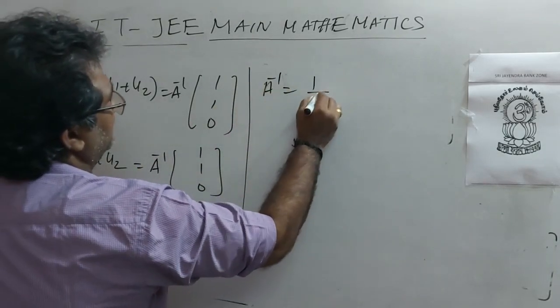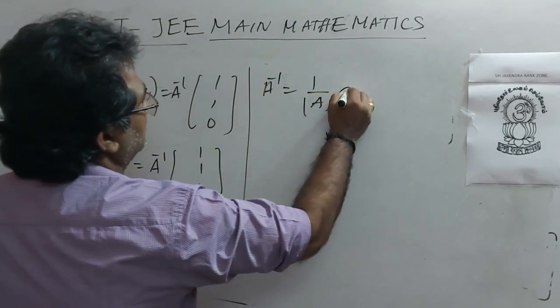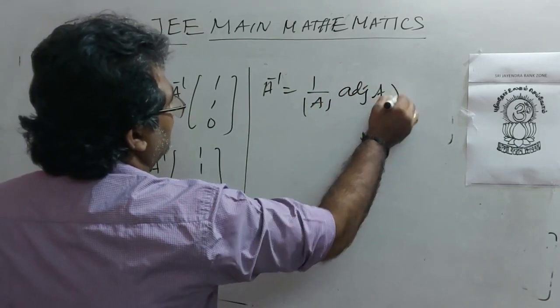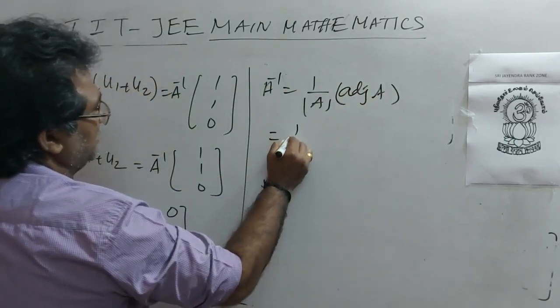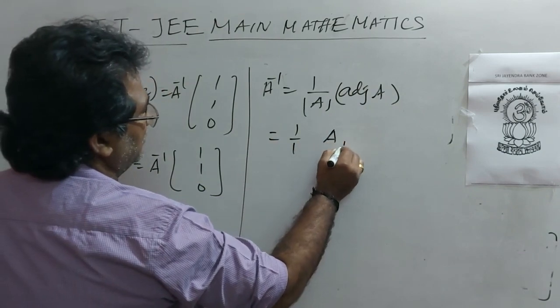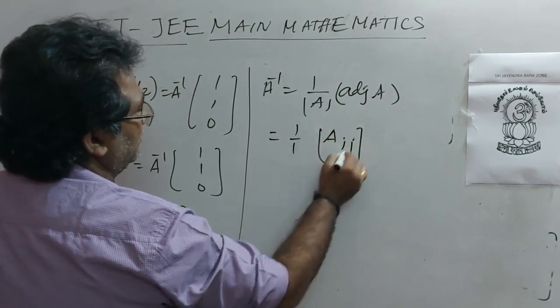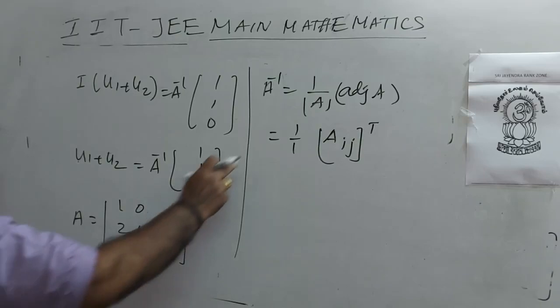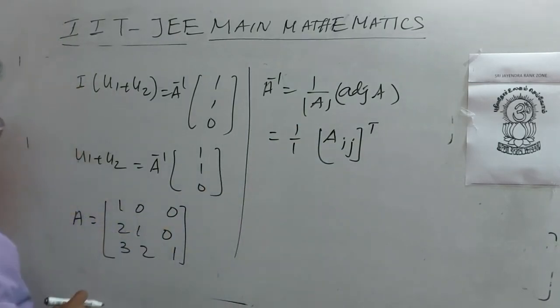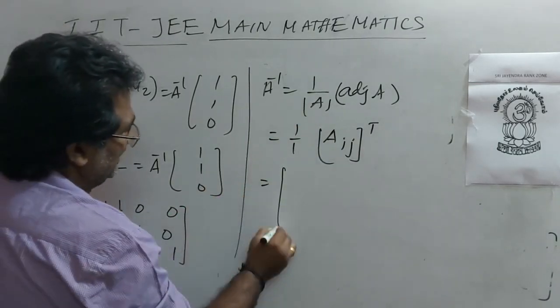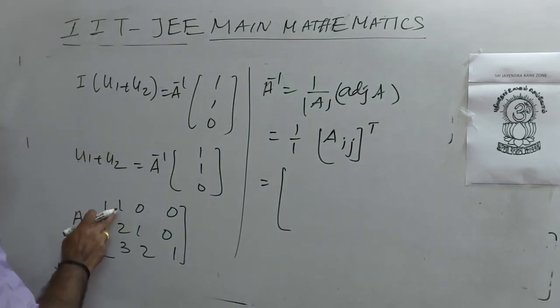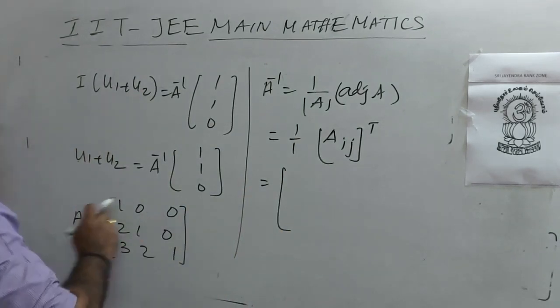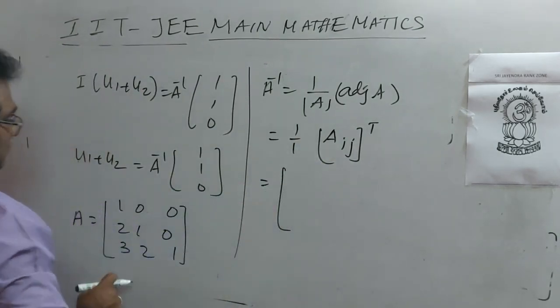A inverse equal to, so this is 1. So Aij transpose, that is transpose of cofactor matrix. We know that the denominator equal to 1 we have found already. You find cofactor value for each and every element. So Aij means cofactor.